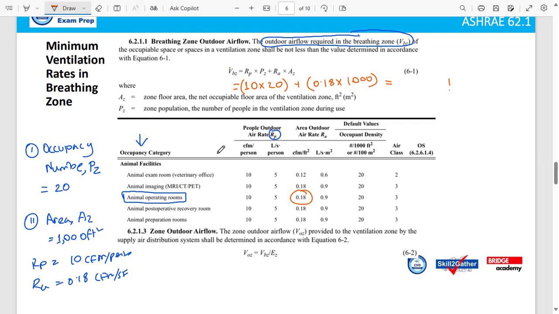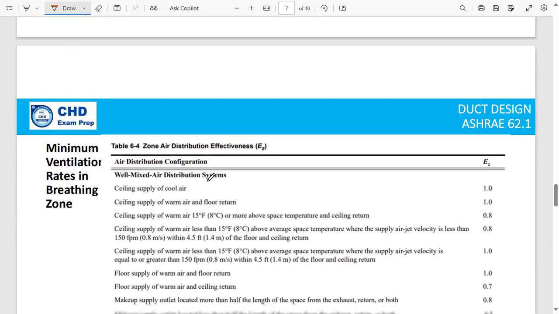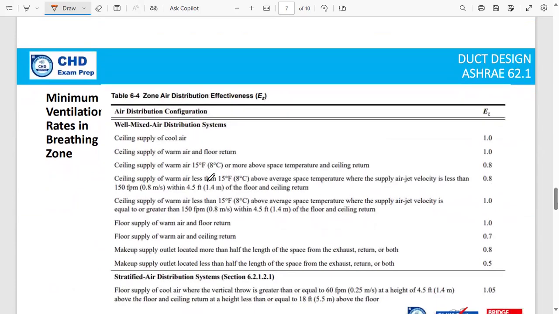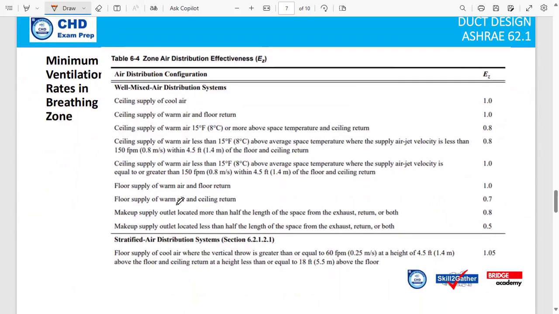Again, this is not the end of the story. You also have to consider the way you are introducing fresh air inside the facility. For instance, floor supply of warm air and floor return, or floor supply of warm air and ceiling return.